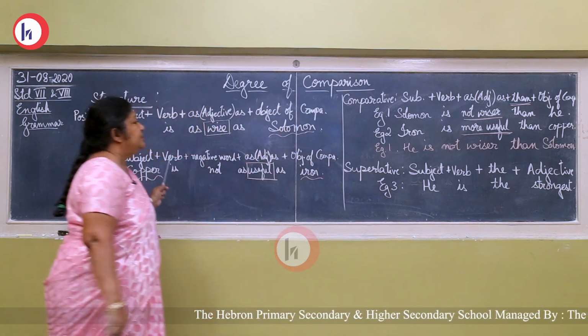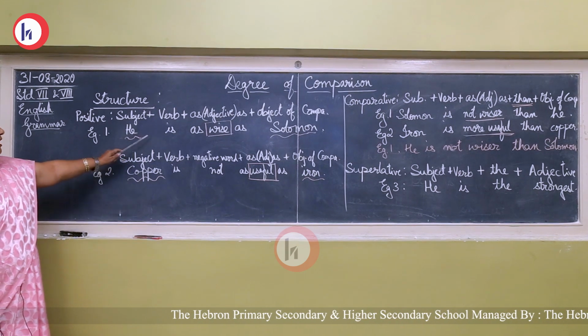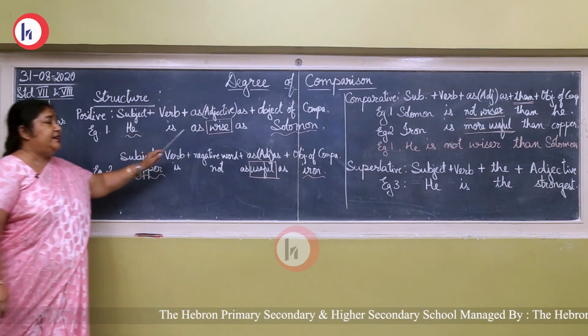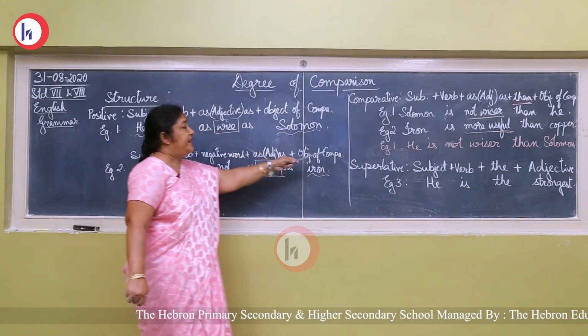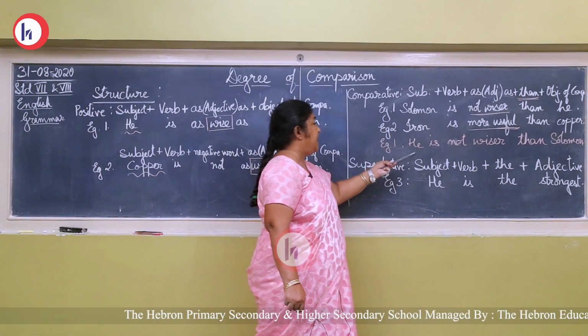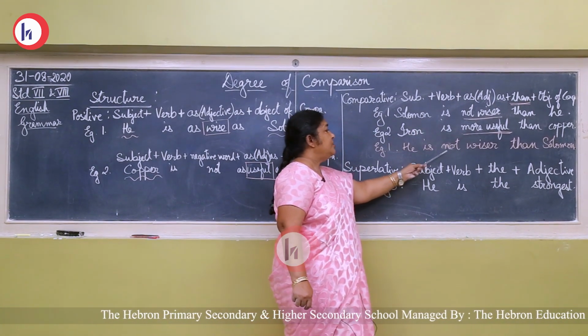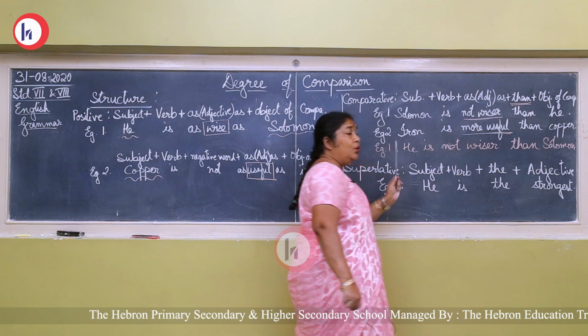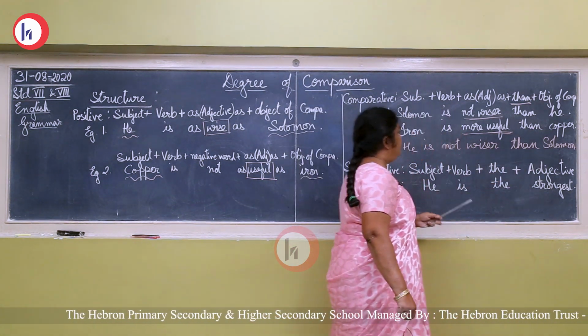We can write he is not wiser than Solomon for example 1 in comparative. Why? Because he is wise and Solomon is wise. Both are wise. So we can also write example 1 in comparison as he is not wiser than Solomon. We have added the word not. Only we haven't changed the subject and the object of comparison.